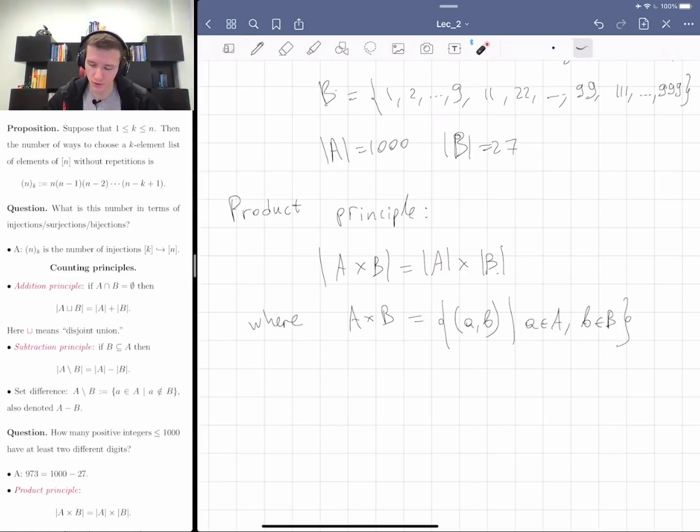And then, of course, if you want to count the number of ordered pairs, an element of A and an element of B, then the answer is going to be the size of A times the size of B.